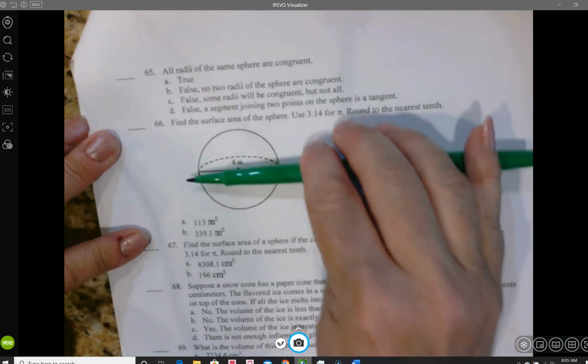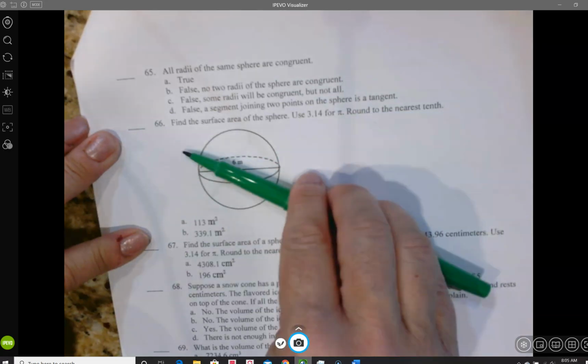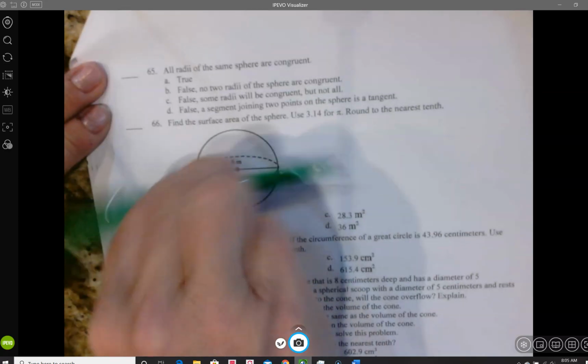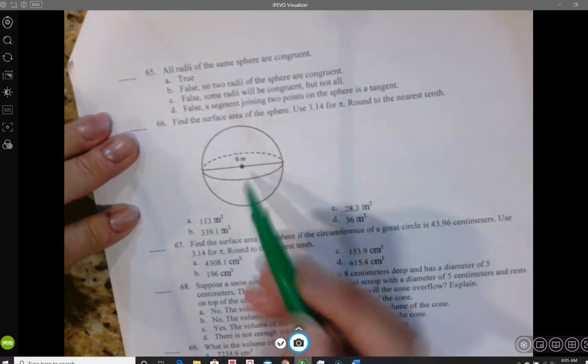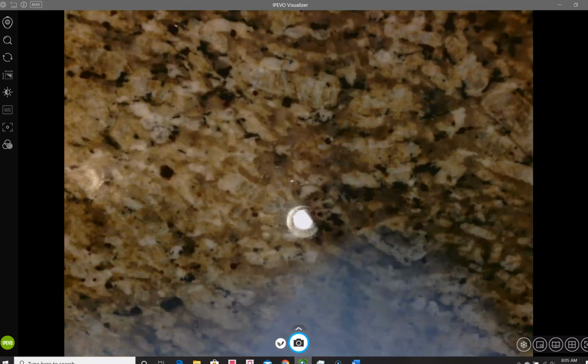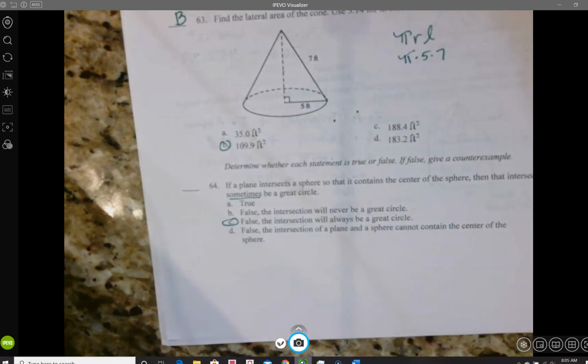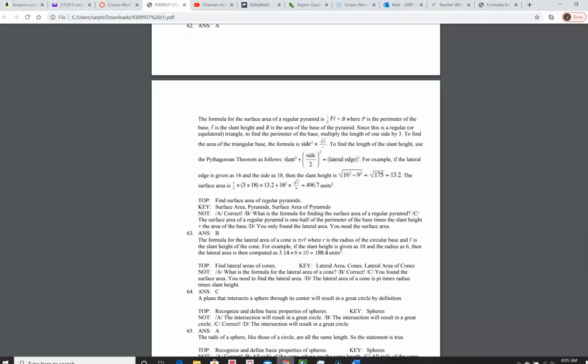And that is true, because if I rotate and this plane intersects it anywhere, as long as it's always going through the center, it's going to always be a great circle. So that's going to be choice C. That's my own logic. And yes, that matches with the answer key also. So that's just the definition of a great circle.